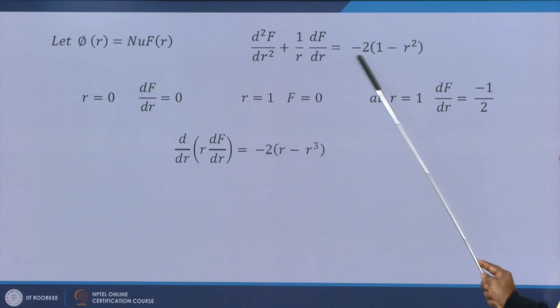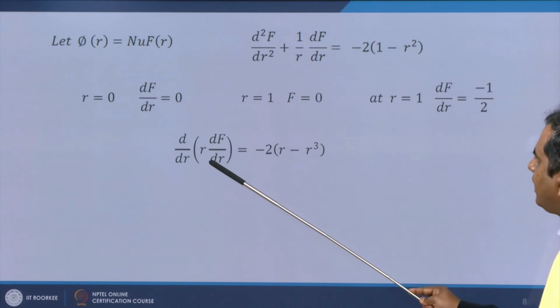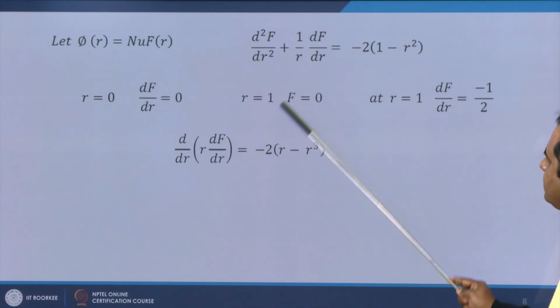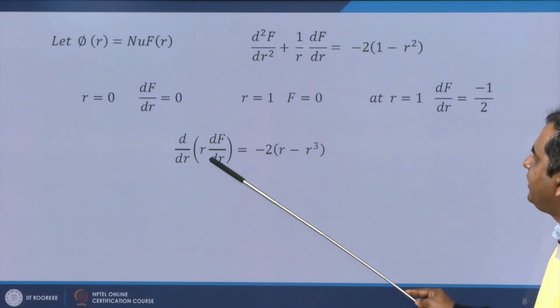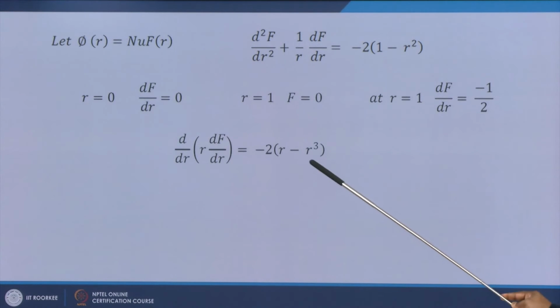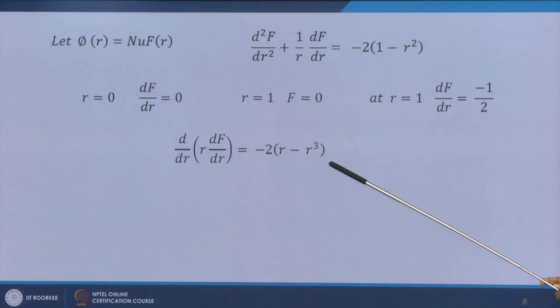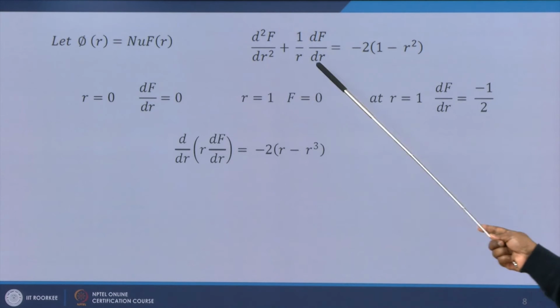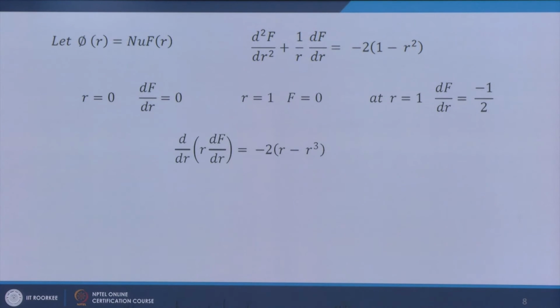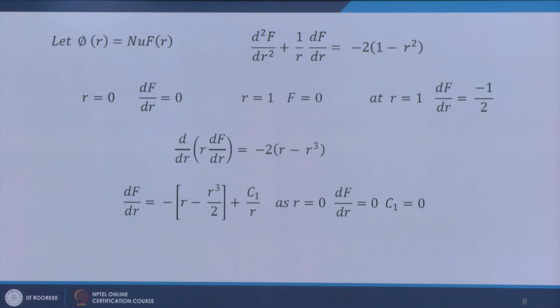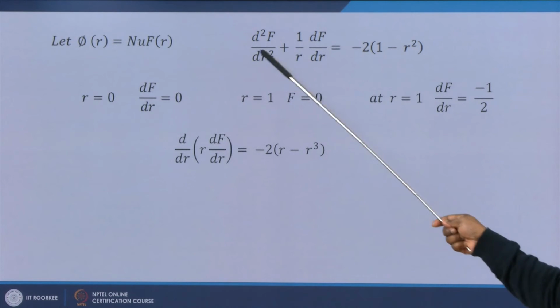This solution is now becoming simple. If you do a little bit of change of order, this becomes d/dr of (r df/dr) equals minus 2 into (r minus r cube), after multiplication by r.